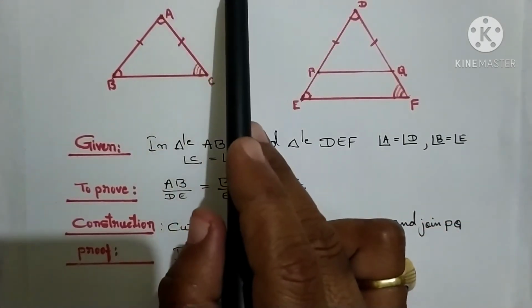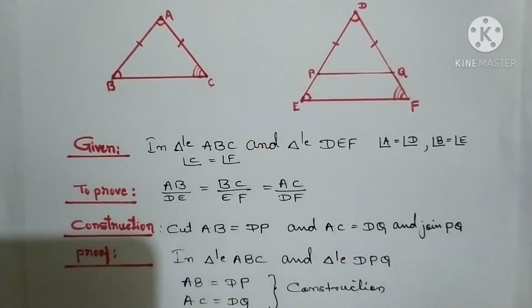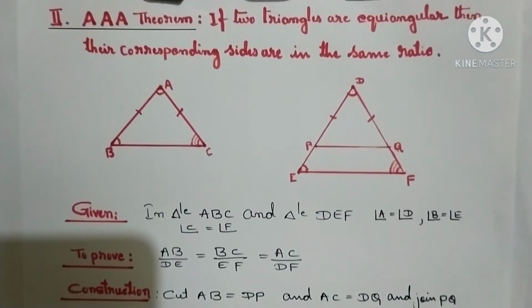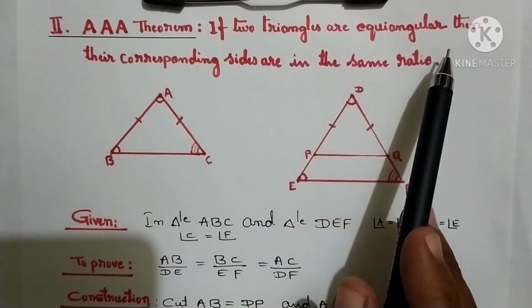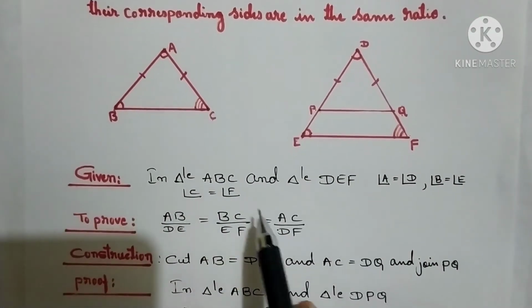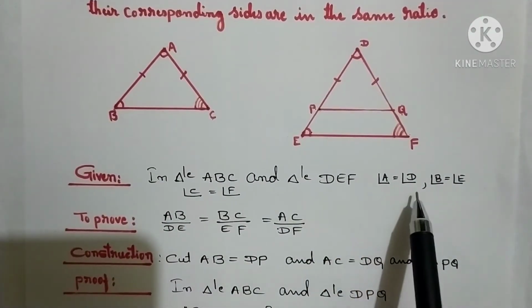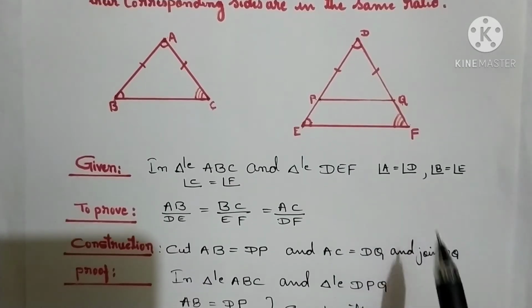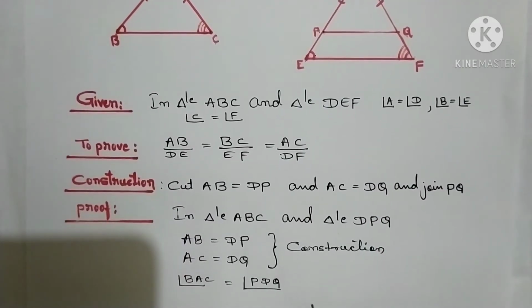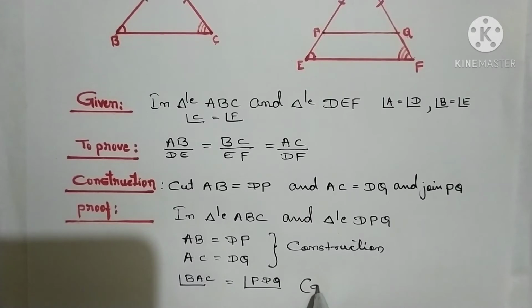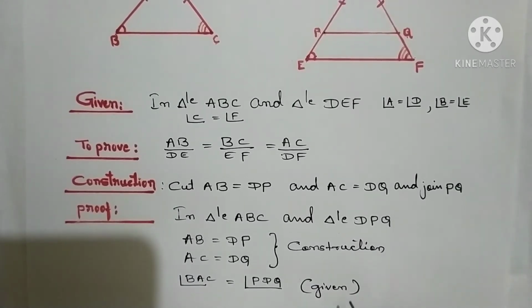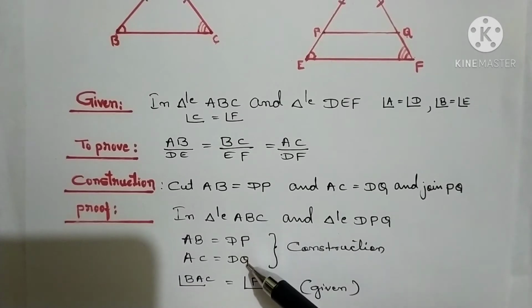In the given question, if two triangles are equiangular, that means angle A is equal to angle D. So this point we should write as given.